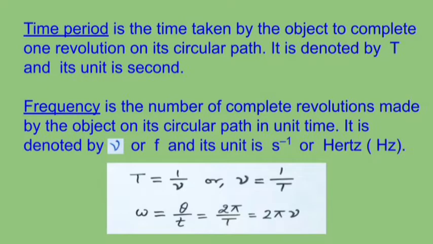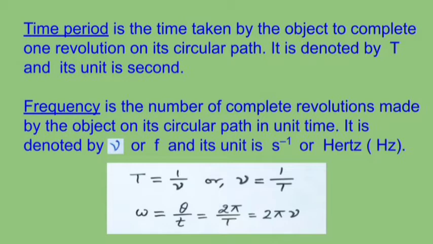It is denoted by nu or f, and its unit is per second or hertz. The relation between time period and frequency is T is equal to 1 by nu, or nu is equal to 1 by T.